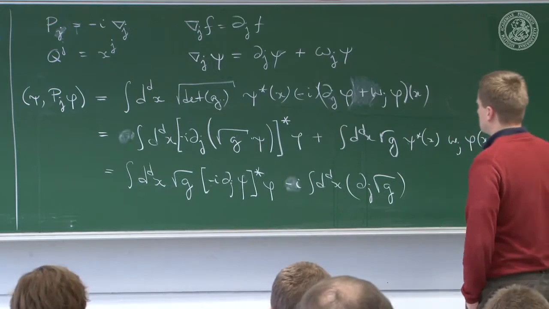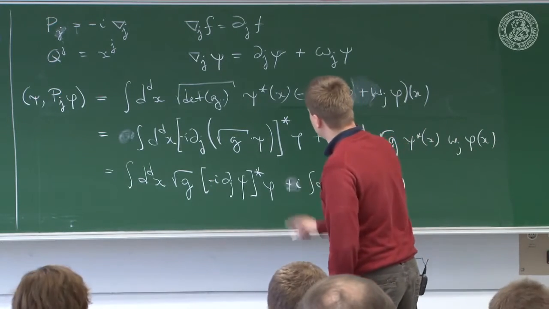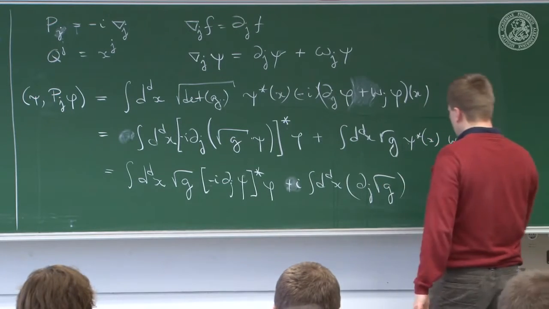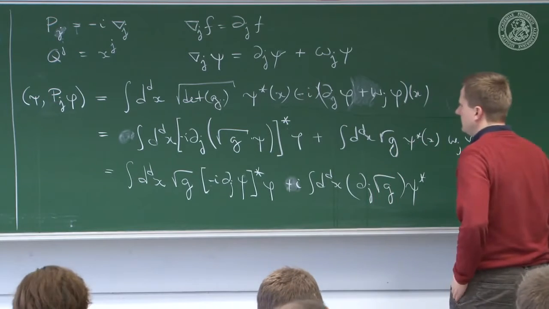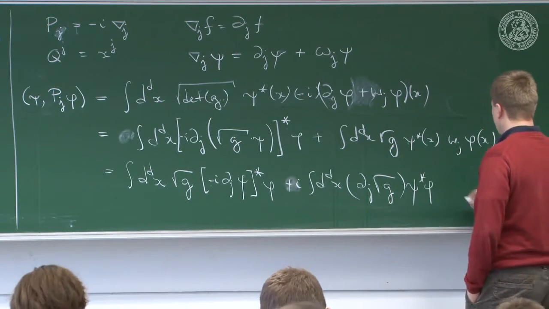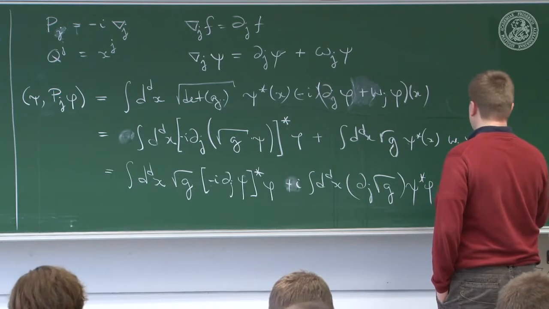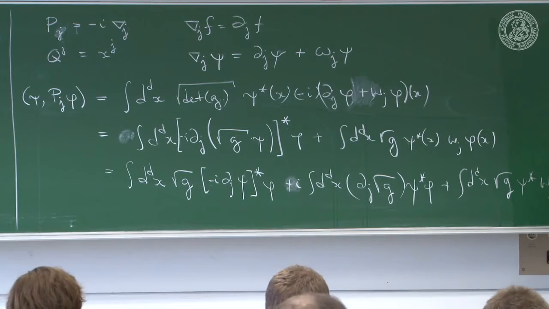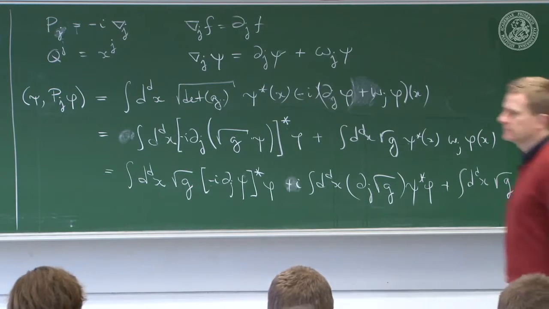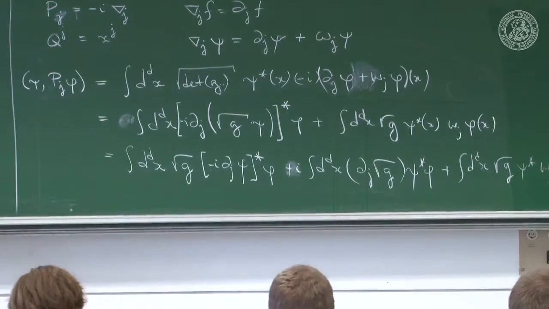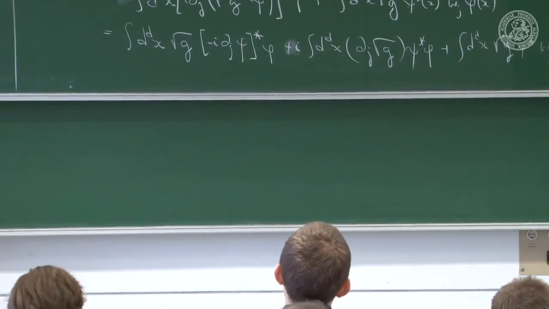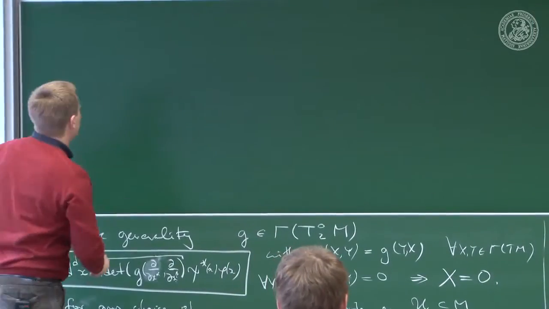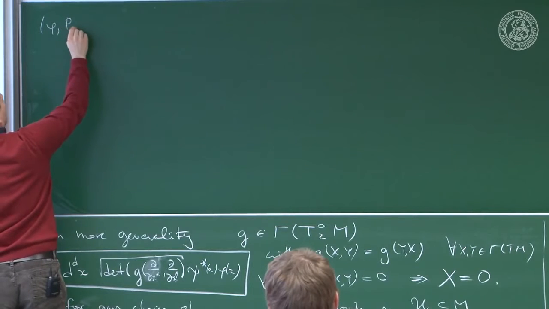I can forget about the star because this is all real. Psi star phi plus, well, for completeness, what we had before, square root of g psi star omega j phi. Right? Please correct my signs if there should be a mistake. So now we again rewrite the right-hand side.